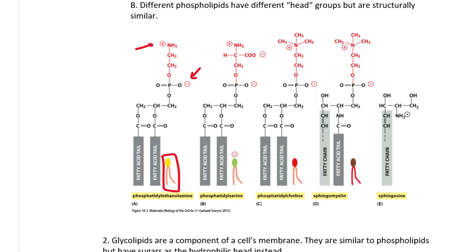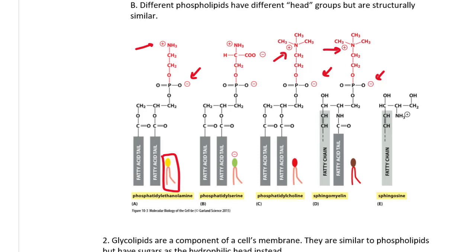Doesn't mean they disappear, they just cancel out when we're looking at the whole molecule. In the case of phosphatidylcholine, it's the same thing: 1 negative, 1 positive, and overall a neutral phospholipid. Sphingomyelin is the same thing. 1 negative, 1 positive, and they cancel out for a neutral phospholipid.